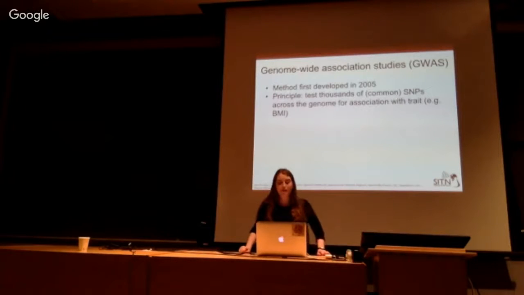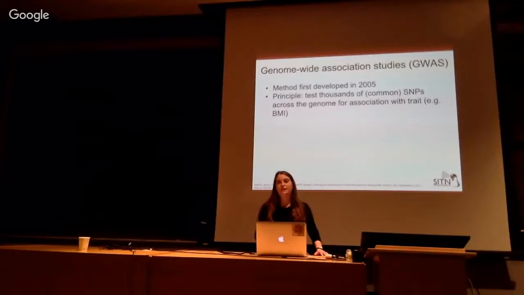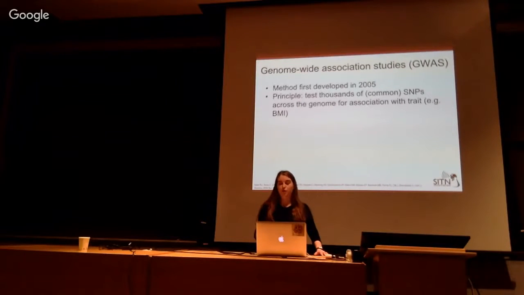Okay, so that brings me to Genome-wide Association Studies, which we abbreviate as GWAS. So this is a method that was first developed in about 2005, so not that long ago. And the principle is that we're going to test thousands of common SNPs across the genome for association with a trait, and in this case, that trait is BMI.